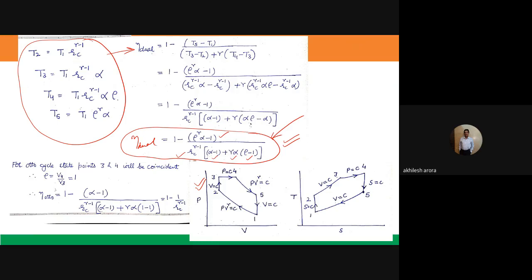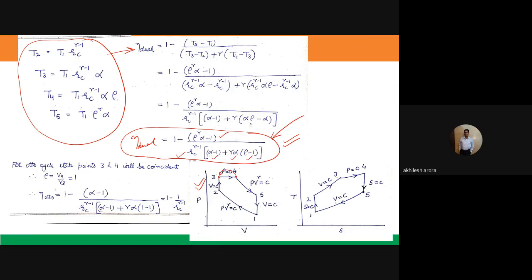So if you want this cycle 1, 2, 3, 4, 5, which is the dual cycle, to become an Otto cycle, what should I do? In the Otto cycle, the heat is supplied at constant volume and there is no heat supplied at constant pressure. So basically, point 4 and point 3 should coincide, and the remaining processes remain the same.